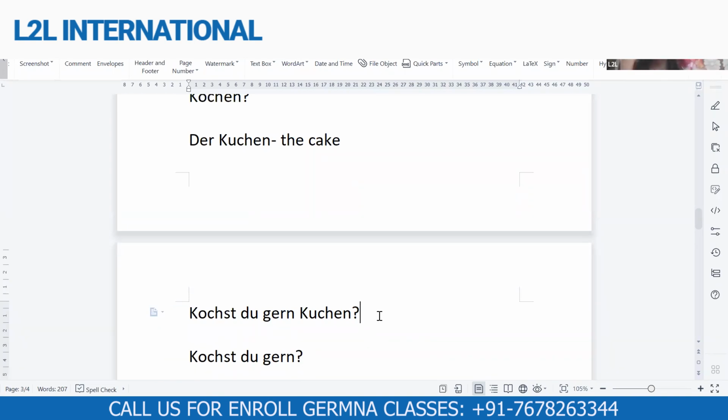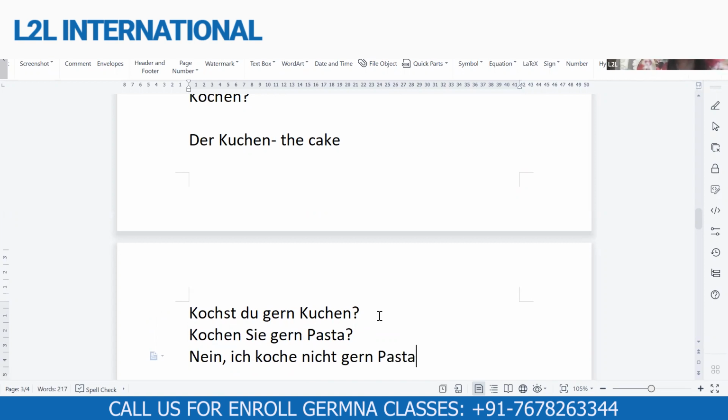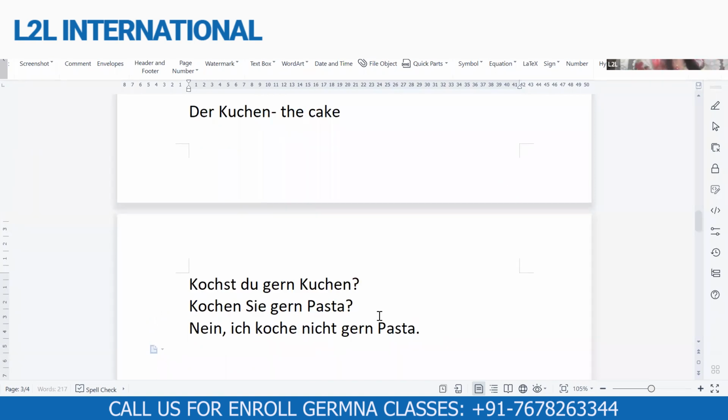So what is the formal of you? Sie. So, Kochen Sie gern Pasta. The last word is pasta. So my answer would be: Ich koche nicht gern Pasta. I don't like to cook pasta.